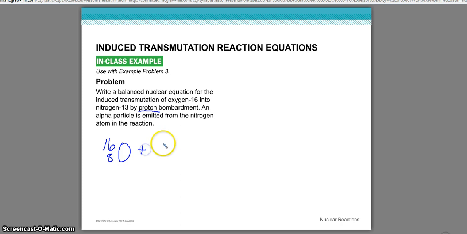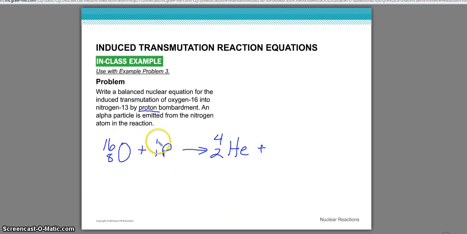Now, here's how we write a proton. Proton is 1, 1 with a P. Okay, it has a charge of 1 and a mass of 1, so that's where those 1s come from. And then we know that an alpha particle is emitted, and we know an alpha particle is 4, 2, He. And we want to figure out what this nitrogen looks like.